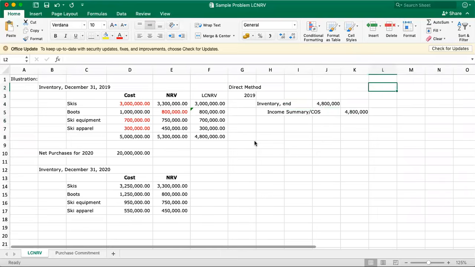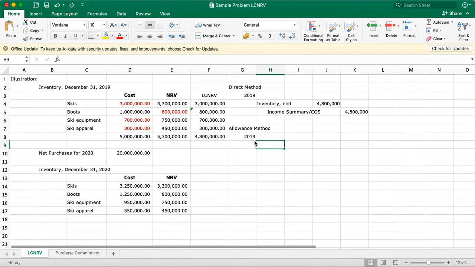How about under the allowance method? Under the allowance method, we record the goods or the inventory at cost, and then we adjust it with a loss on inventory write-down.